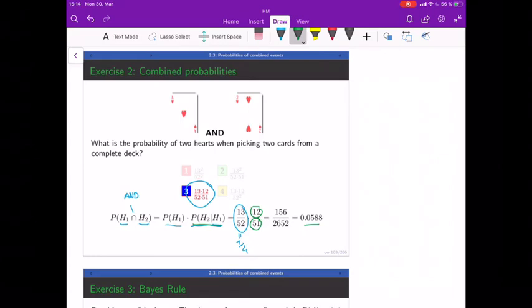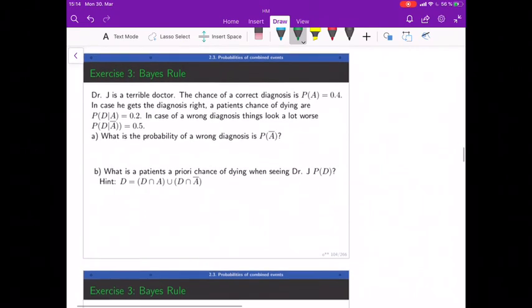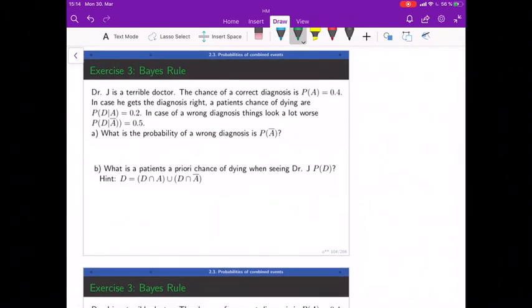So let's look at an even tougher example. This one uses Bayes' rule, and it's quite an interesting one. Dr. J is a terrible doctor, and the chance of getting a correct diagnosis with him is only 40%. So A is the correct diagnosis.